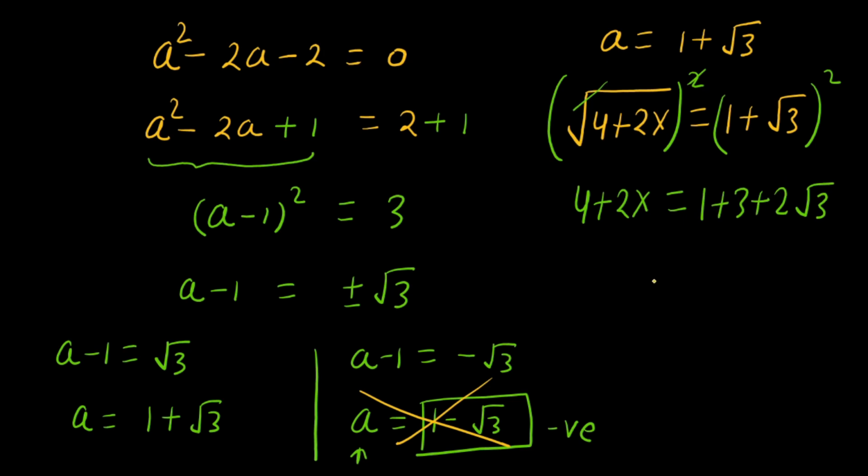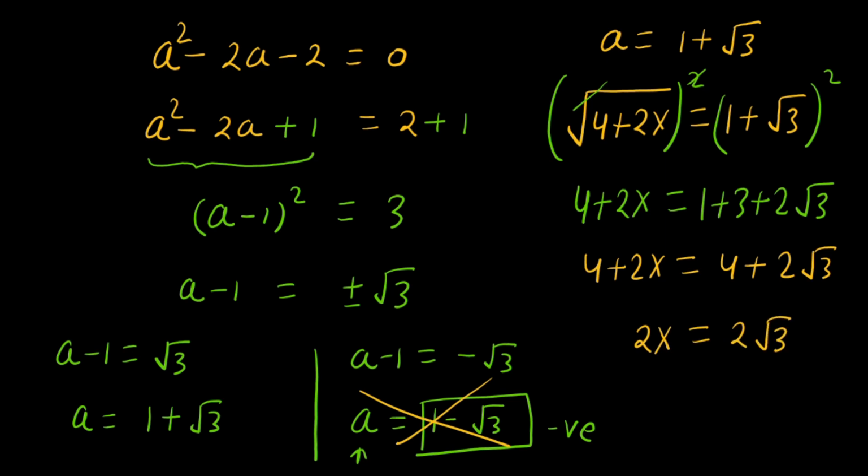So 4 plus 2x equals 1 plus 3, that is 4, plus 2 times square root of 3. If we subtract 4 from both sides, then 2x equals 2 times square root of 3. Now divide both sides by 2, then you will get x equals square root of 3. This is our final answer.